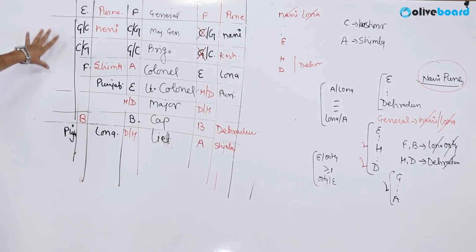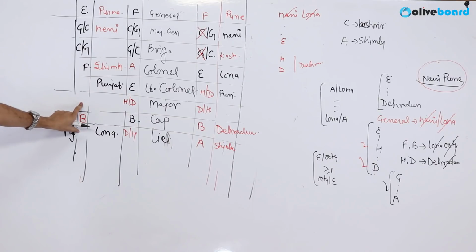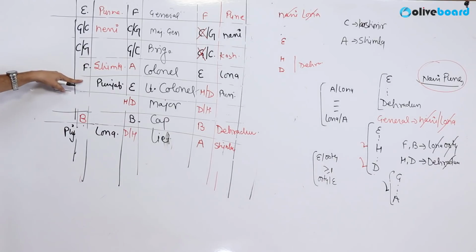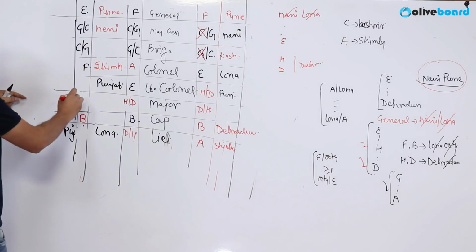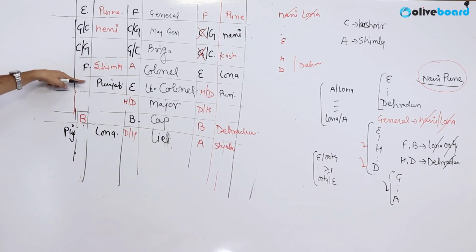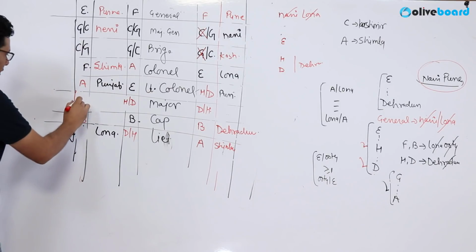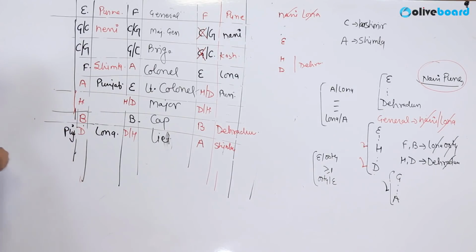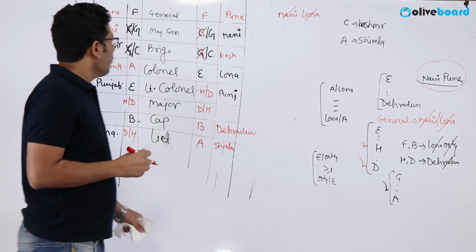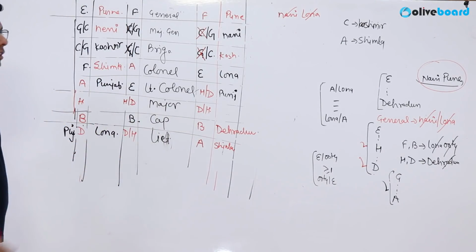In this case, H is above the D and G is above the A, and A likes Shimla. So A cannot be here. If I put A here, then my data would be like H and D, A, H or D. So now we need to finally eliminate the cases.